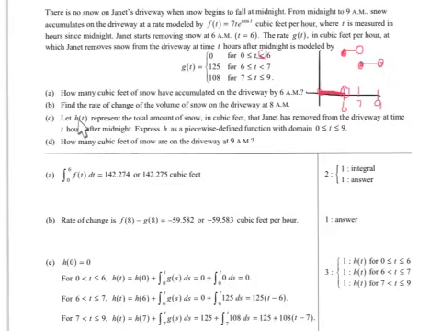Let h of t represent the total amount of snow, in cubic feet. Units are helpful to tell you what you're dealing with. This is the amount she has removed from the driveway at time t after midnight, because the whole process is after midnight, if you remember from the question above. h is a piecewise defined function with domain 0 to 9.